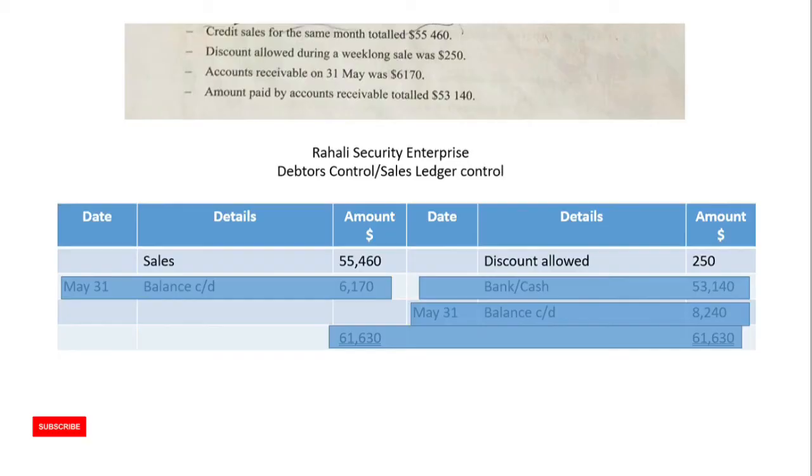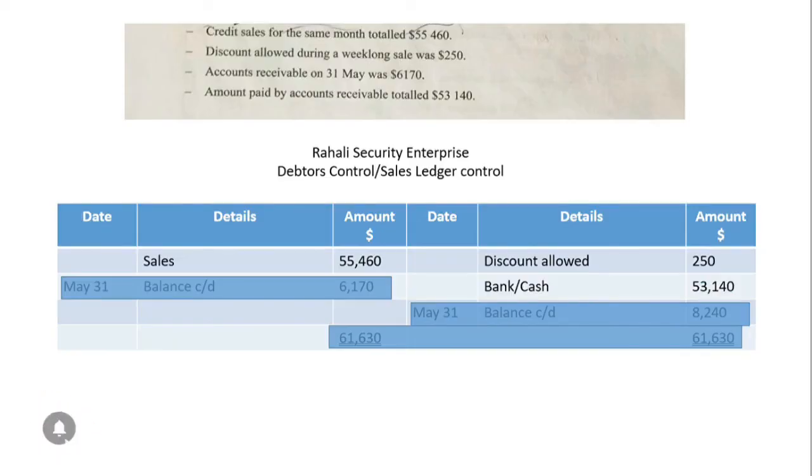That is actually the closing balance, so we're not going to use that one as yet. The next one says amount paid by accounts receivable totaled 53,140. So it means that your debtors are paying you money, and if they are paying you money, it is reducing the amount that they owe to you. So you would make a credit entry in the sales ledger control.